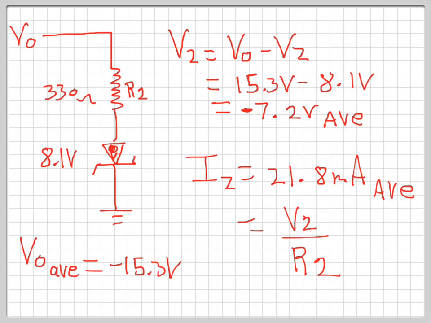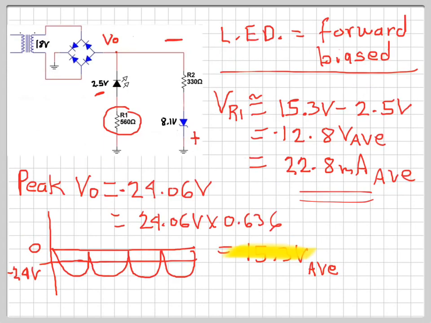Okay, a couple other things. So I'll go back. I'm going to use a highlighter. This point here is the common, which is often used as the ground, but not in this case. This is the common, and this is the common.